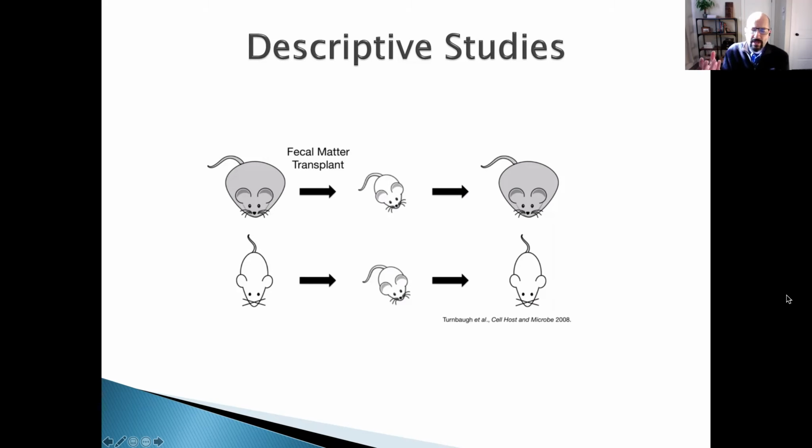Some people call that the Koch postulates. So you are actually proving that this bacteria or this type of microbiota is actually causing the disease or the condition. But you cannot see that in microbiota studies. Okay?